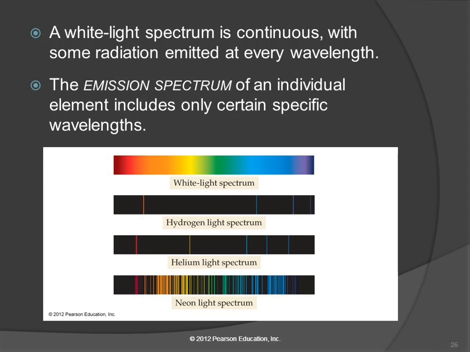So here on the top, these are called emission spectrum, that's singular, or emission spectra is plural. Here's a white light emission spectrum. So if you took light from the sun or from an incandescent light bulb, this is what you'd see when you pass the light through a prism. This is what we expect. From a hydrogen lamp, you get 4 discrete lines.